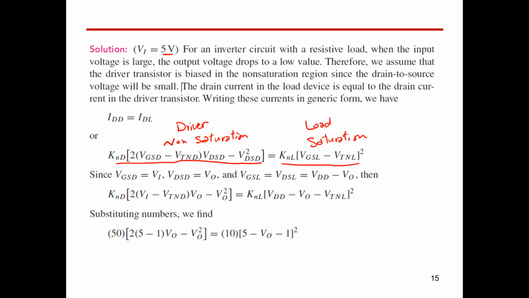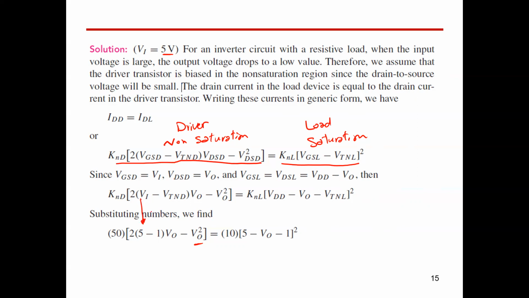Now, substitute in this equation, so we can get the relation: Kn driver times 2(V input minus VTND) times V out minus V out squared equals Kn load times (VDD minus V out minus VTNL) squared. Now, substitute with numbers. Everything is well known except V out. So take care here, we substitute Vin equals 5 volt.